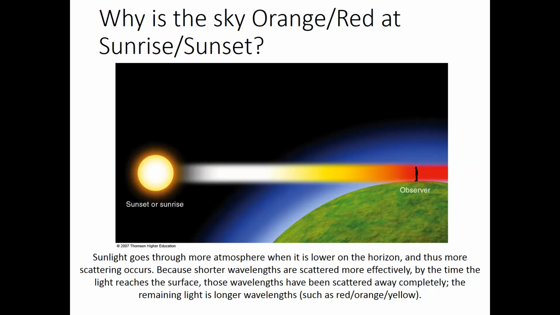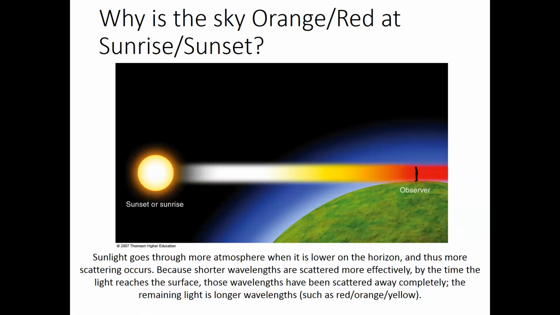When the sun is lower on the horizon, like it is just as the sun is setting, and also when the sun is coming up, the light from the sun actually has to travel through a lot more atmosphere. And the reason why is because it's coming in from a low angle.